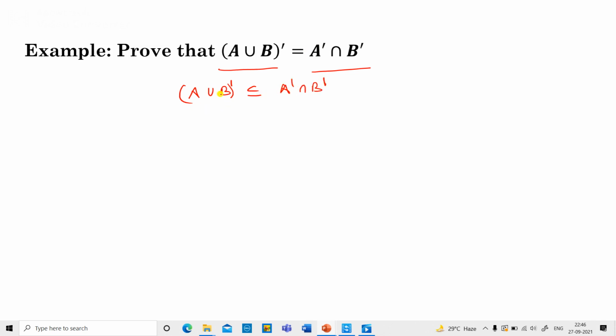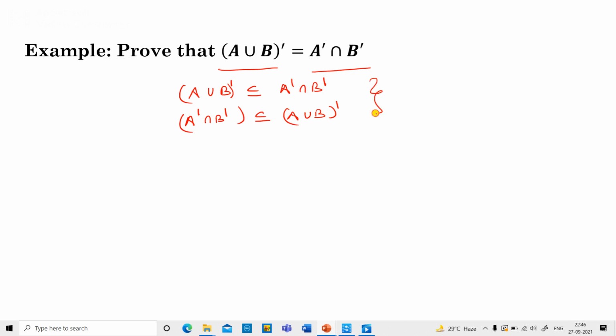It means all the elements of (A union B)' are elements of A' intersection B'. And second, we will show A' intersection B' is a subset of (A union B)', meaning all the elements of A' intersection B' are elements of (A union B)'.